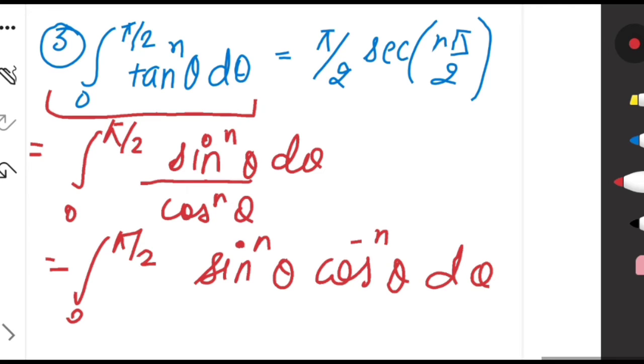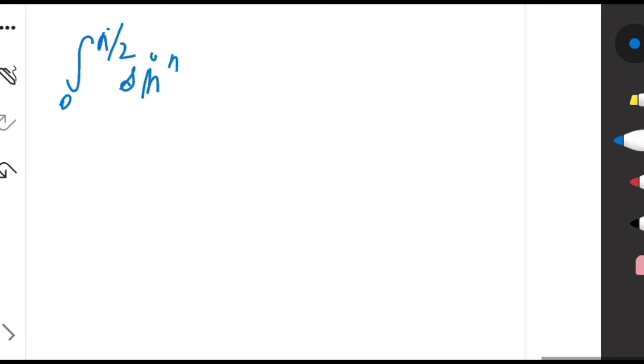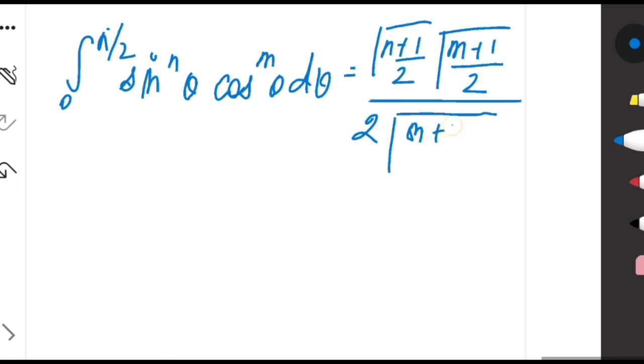The reason we are writing this integral in the form of sine and cos is that we have a formula related to this. Let me tell you about the formula. The integral from 0 to pi by 2 of sine to the power n theta and cos to the power m theta d theta is equal to gamma of (n plus 1) by 2 times gamma of (m plus 1) by 2, whole divided by 2 times gamma of (m plus n plus 2) by 2.